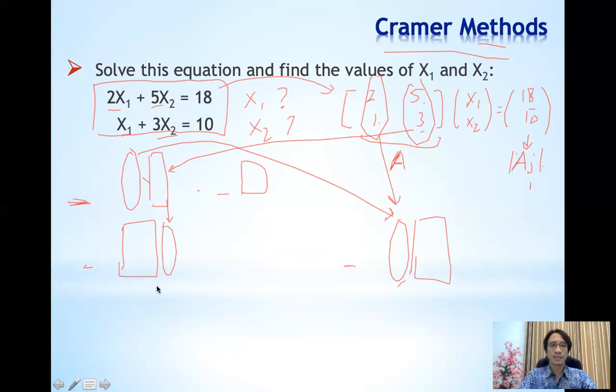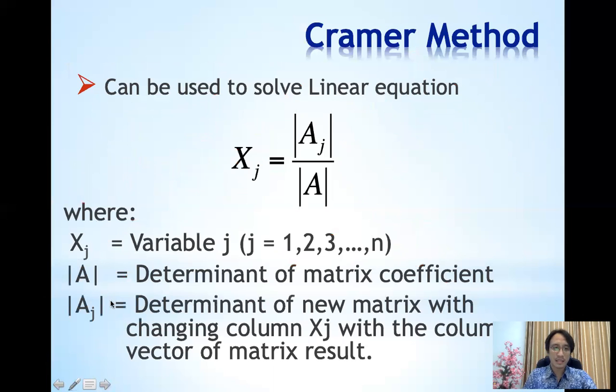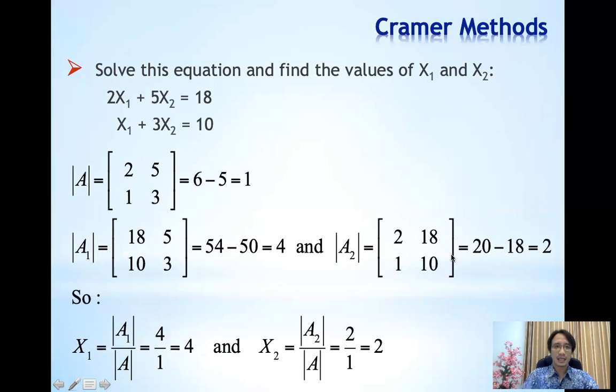And we use this formula. Xj equals the determinant of Aj divided by the determinant of A. So for x1, it equals the determinant of A1 divided by the determinant of A. x2 equals the determinant of A2 divided by the determinant of A. In this case, A1 is this one.